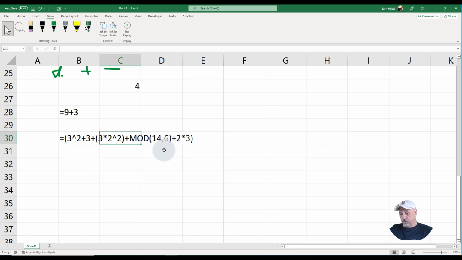So when we count the number of nested parentheses, meaning how many sets of parentheses I have, do not worry about the parentheses that come with mod or integer, because even though they are mathematical operators, they are presented as functions, so they must have their own parentheses.